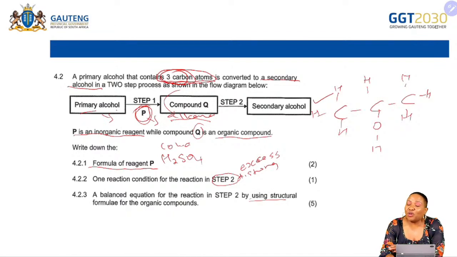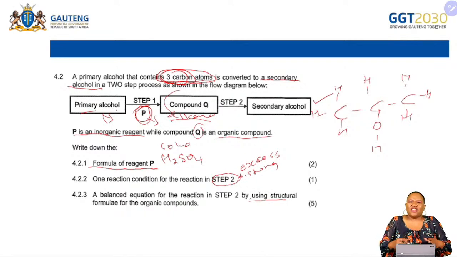Because in the last question, 4.2, you can see that to get a secondary alcohol, we removed water from the primary alcohol to get an alkene, then we added water to the alkene to go back and get the secondary alcohol. So as long as you know how things are done, and you know the products that each and every reaction must give you, you won't have a problem understanding how to move from a primary alcohol to a secondary alcohol.